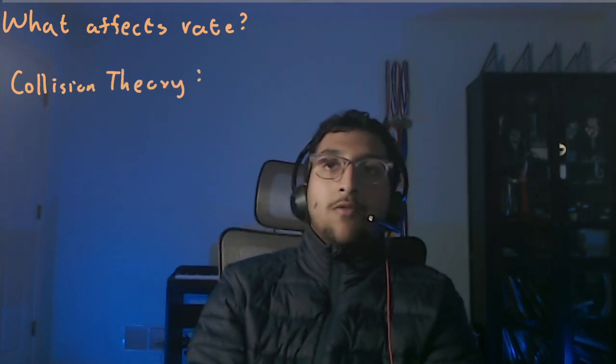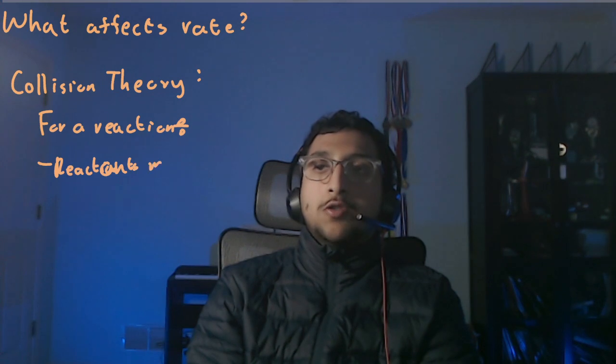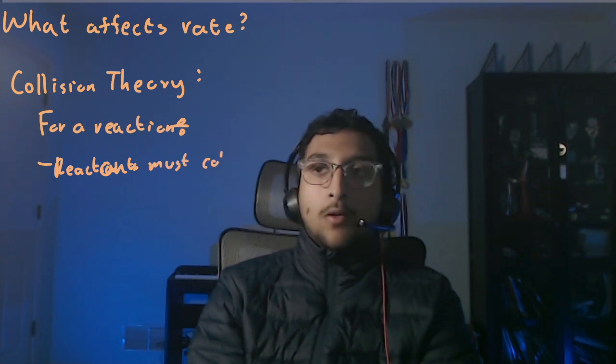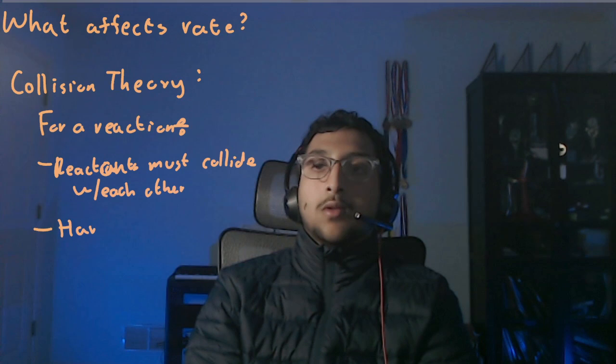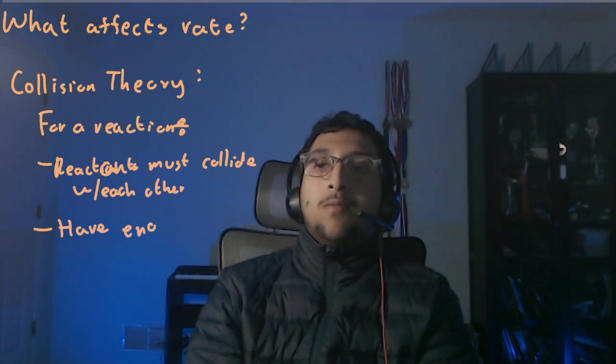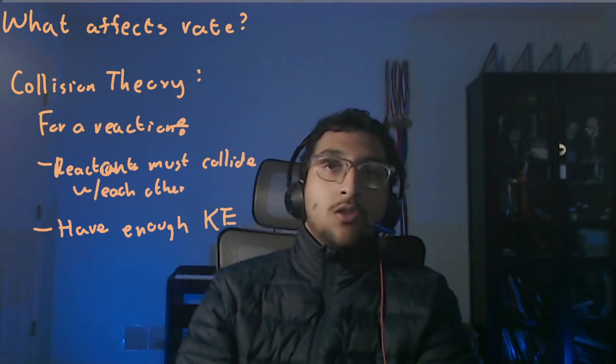And it's basically saying for a reaction, reactants must collide with each other and need to have enough energy, technically kinetic energy. So I'm just going to write it as KE to break bonds.